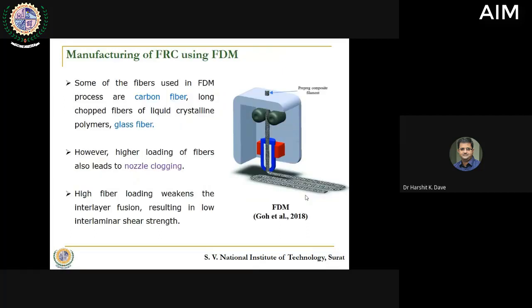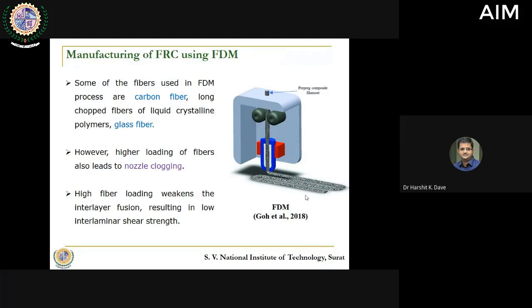Now, when we talk about fiber reinforced composites, especially using the FDM process, here by and large carbon fiber and glass fiber are being used. They can be continuous fibers or they can be chopped fibers.